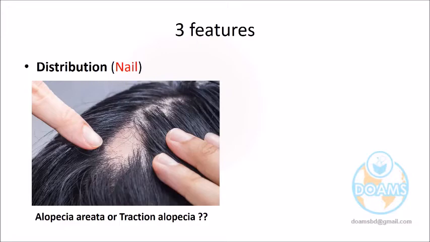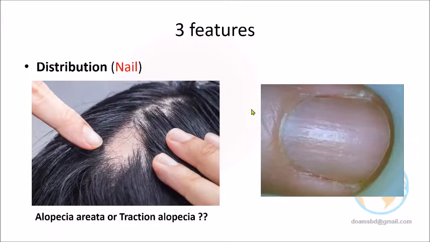So what are the features in the nail? Who can say now? In alopecia areata, nobody remembers. Look at this now. What is this in the nail of the same patient?